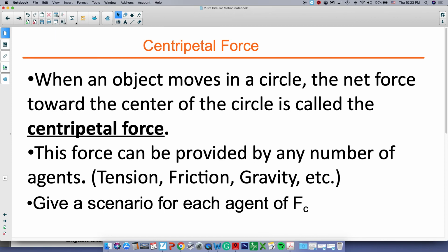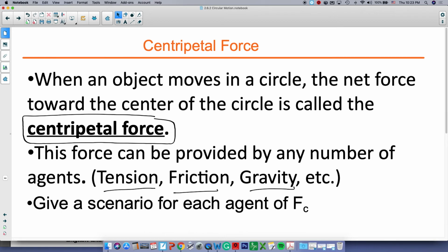So with acceleration and Newton's second law, we have a centripetal force. When an object moves in a circle, the net force towards the center of the circle is called centripetal force. And again, that can be caused by tension, friction, gravity, and there may be others. I have to look at it, because magnetic force could probably cause centripetal acceleration.